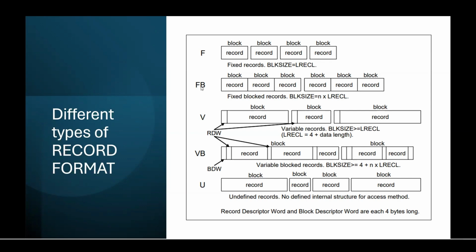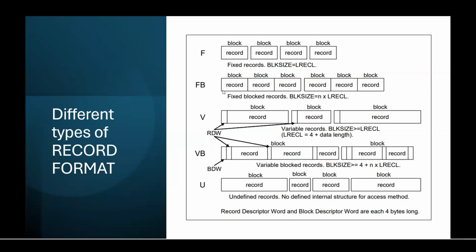But in the FB, which is our fixed block record, we have fixed length and we will also have the block. So here the block size is a multiple, n times the record length. Whatever number of records we have in the block, we multiply those by the record length, and then we get the block size. So in this example, we have one record, two records, and three records.